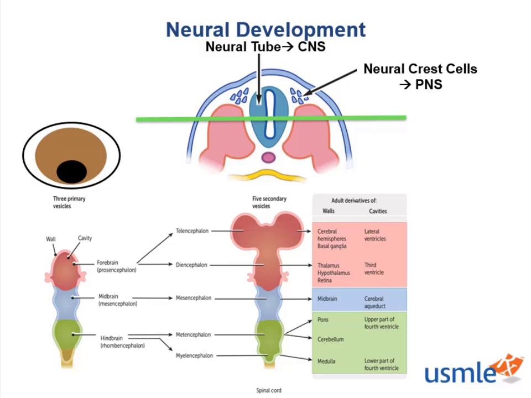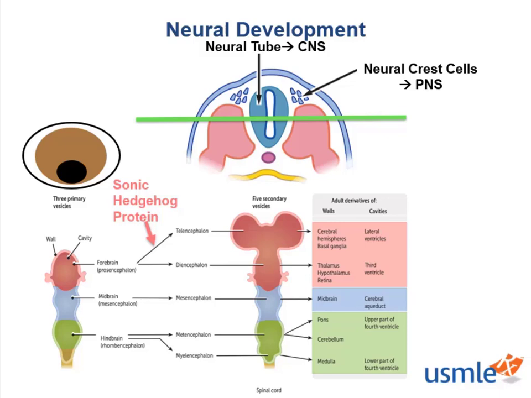Specifically, the prosencephalon goes on to form the telencephalon, which goes on to form the cerebral hemispheres, basal ganglia, and lateral ventricles. A high yield point is that the Sonic the Hedgehog protein is crucial in signaling the prosencephalon to become the telencephalon.